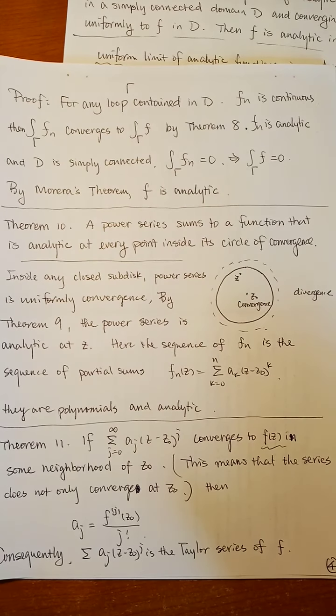So for an analytic function, you can develop its Taylor series. And for a power series, you can construct an analytic function, and eventually this original power series is just the Taylor series of that analytic function. So they are in one-to-one correspondence with each other.